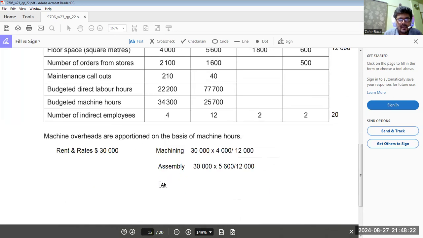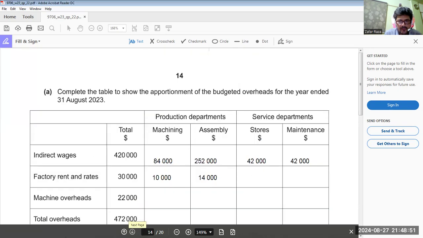Then we have stores. Again, we have to divide 30,000 multiplied by the store area, 1,800, divided by the total area of 12,000, and we'll get how much? I put one zero extra here. 30,000 multiplied by 1,800 divided by 12,000 is 4,500. So $4,500 is apportioned to stores.